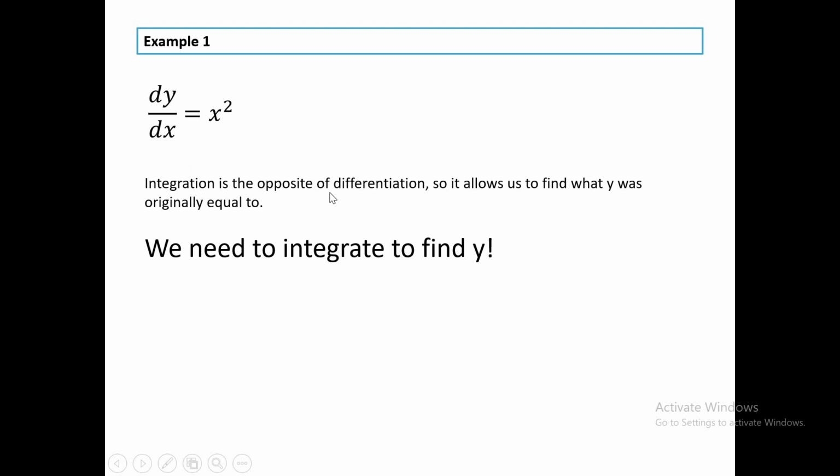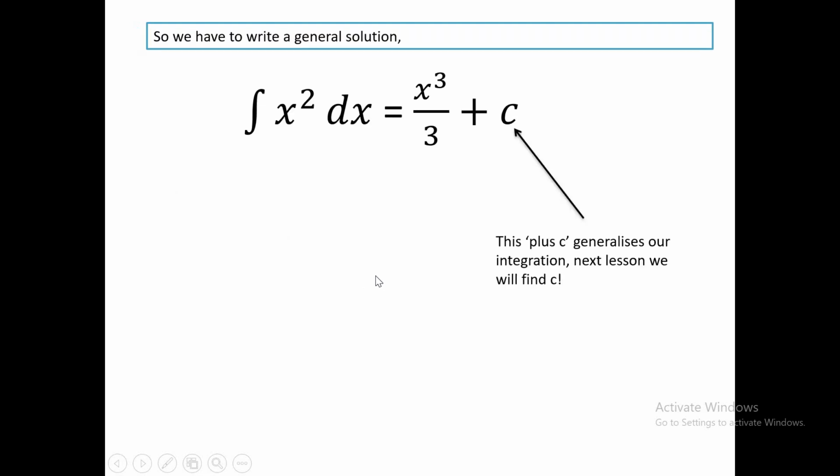Since integration is the opposite of differentiation, it allows us to find what y was originally equal to. I will bring the expression back to its original. We have a derivative, and I want to know the original function, so we need to integrate it to find y.